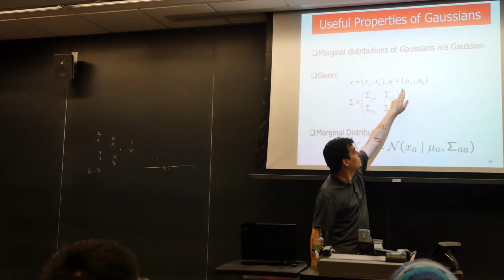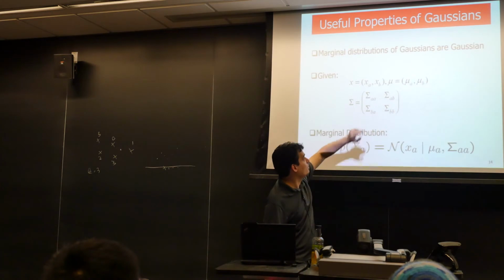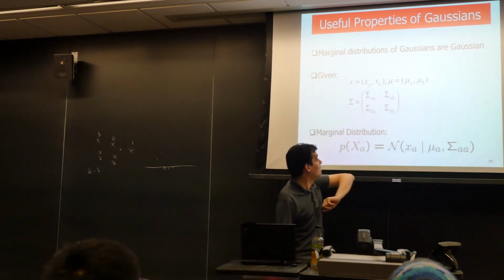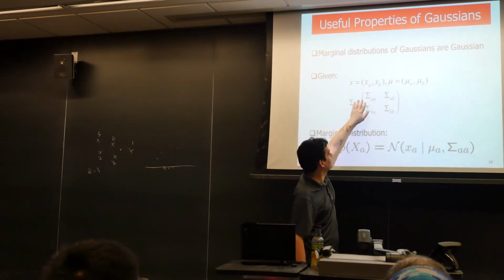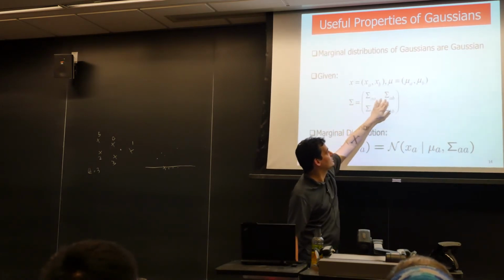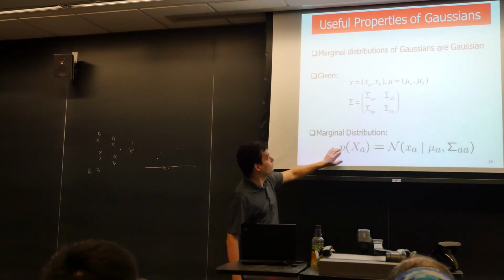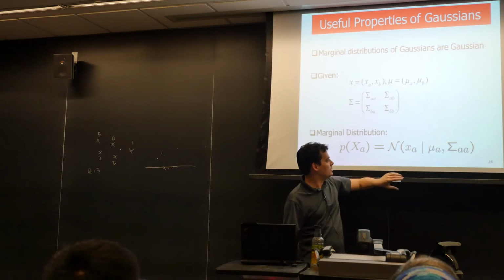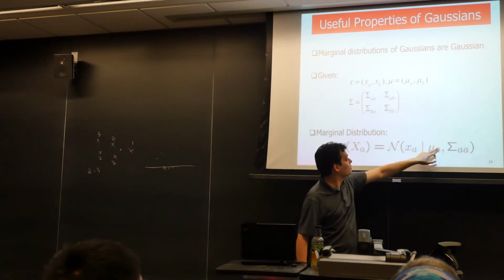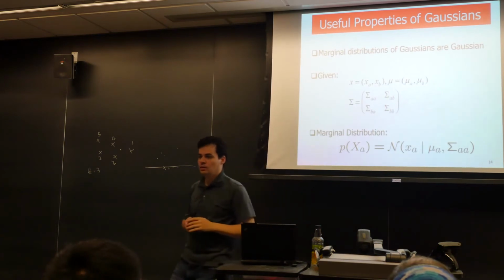They have mean values mu a and mu b. The original mean vector was mu. And I can partition the original covariance matrix sigma this way: sigma aa, sigma ab, and so on, sigma bb. The marginal distribution of xa will be just a Gaussian distribution with mean vector mu a and covariance matrix sigma aa. Okay, that's trivial so far.